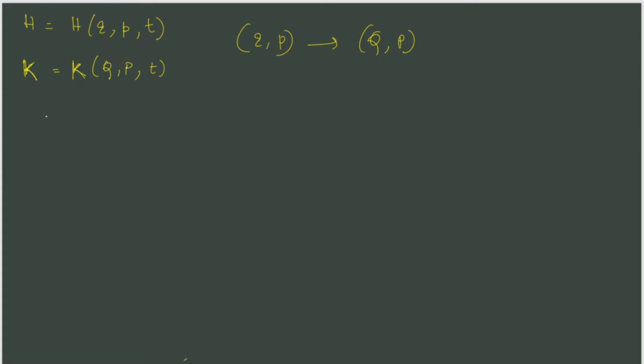Now, using the old coordinates, we can always demand that the modified Hamilton's principle must hold, which means that as the system moves from point 1 to point 2 and we consider all possible paths, and if we look at the variations along these paths of the integrand, then about the correct path or the true path, the variation vanishes.